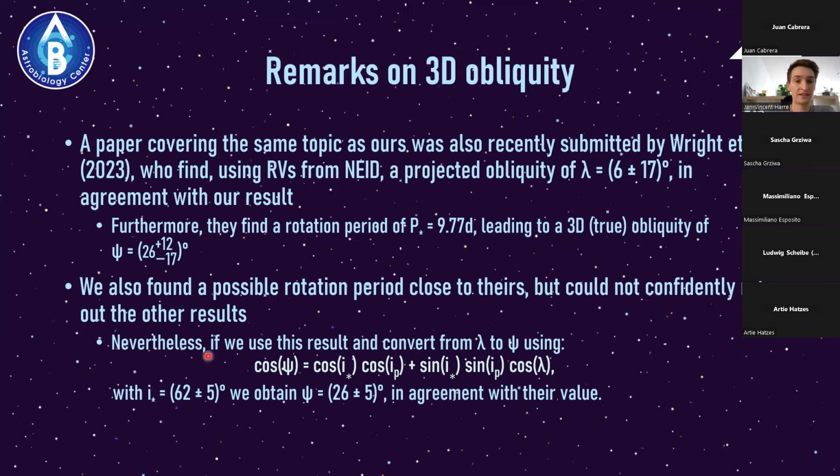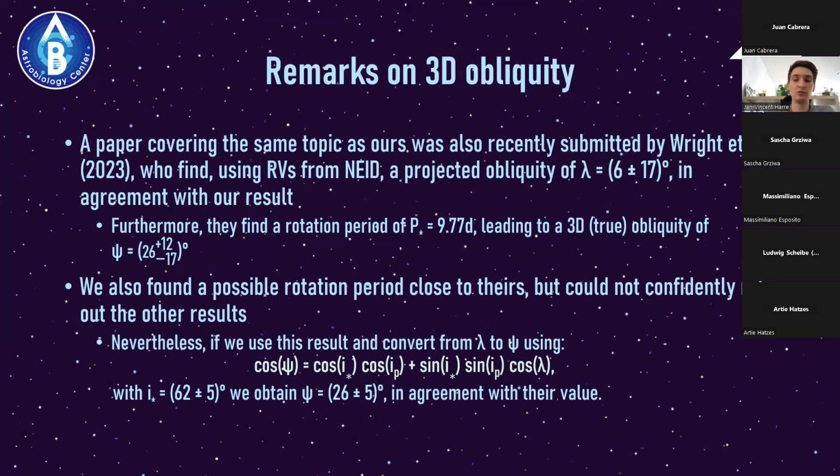And this stellar inclination we need to get, for example, from sampling the parameter space using a Markov chain Monte Carlo algorithm, to really try to get this as precise as possible, because there's also a degeneracy in the derivation of the stellar inclination. Nevertheless, from this we can get a 3D obliquity angle of 26 plus minus 5 degrees, which is good because it's in agreement with their value.